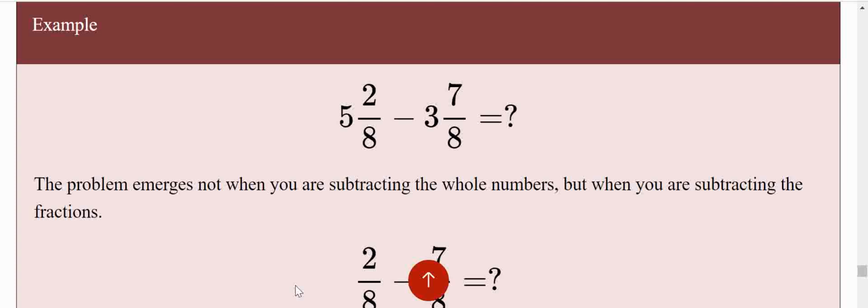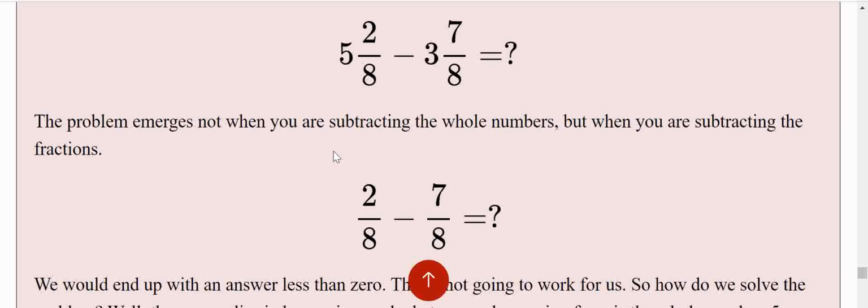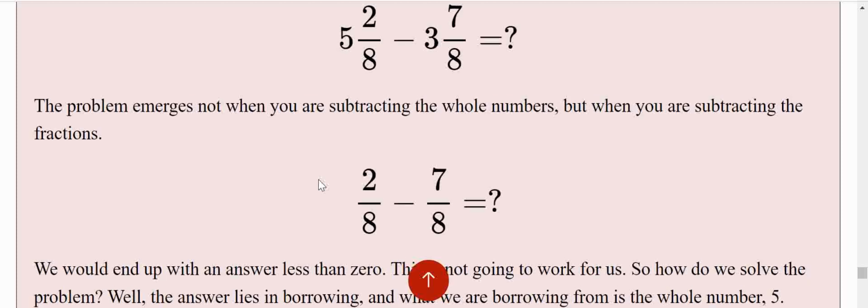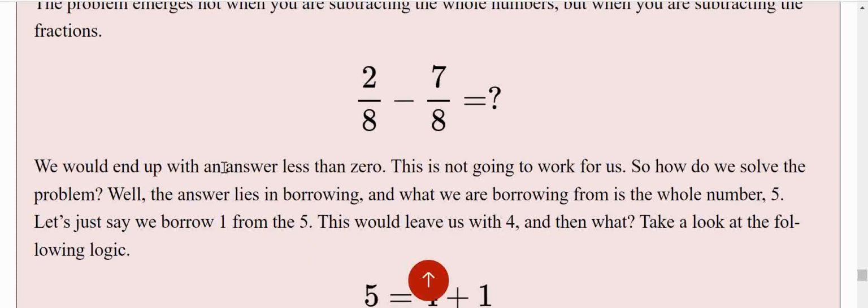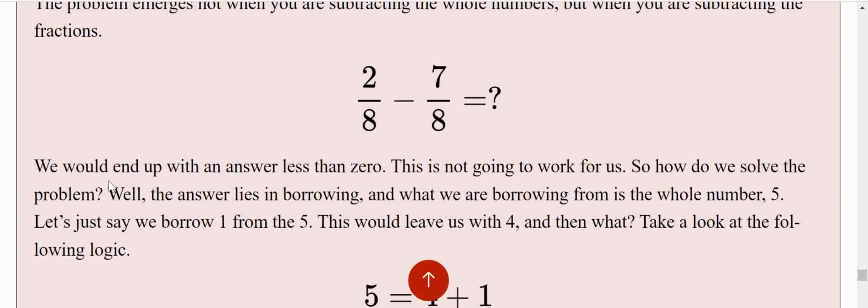The problem emerges not when you are subtracting the whole numbers, but when you are subtracting the fractions. You get a statement like this. 2 over 8 minus 7 over 8 is what? We would end up with an answer less than 0. This is not going to work for us. So how do we solve the problem?